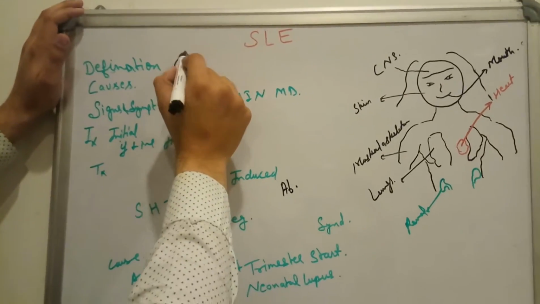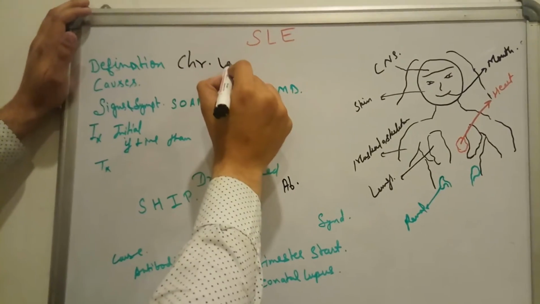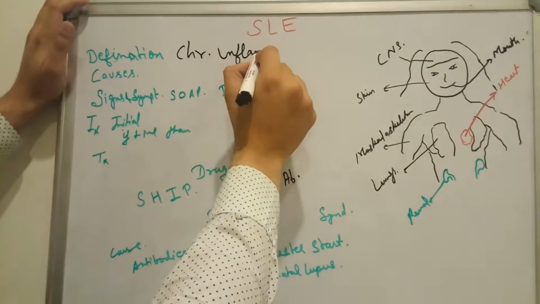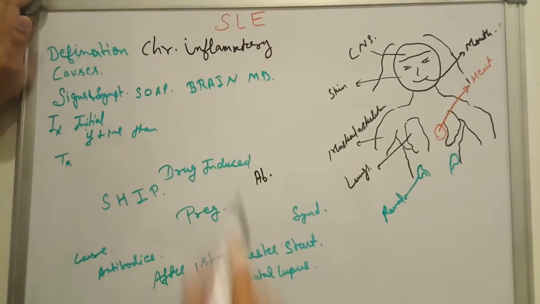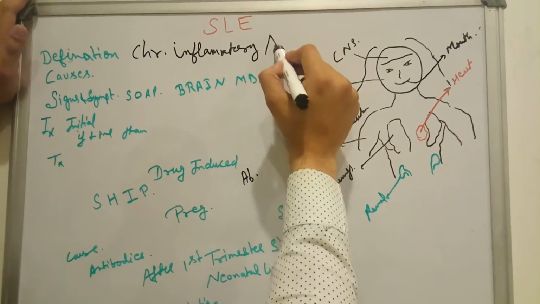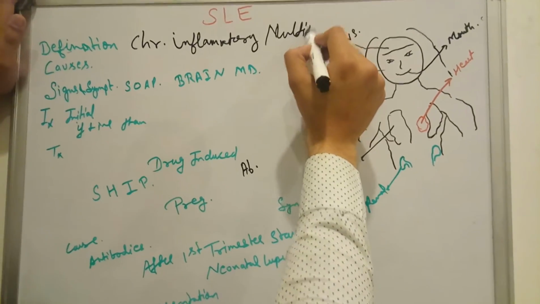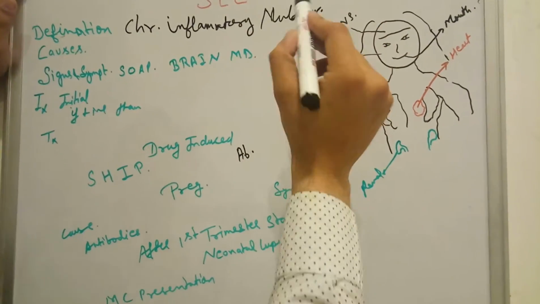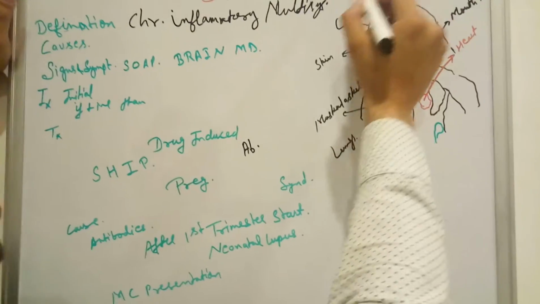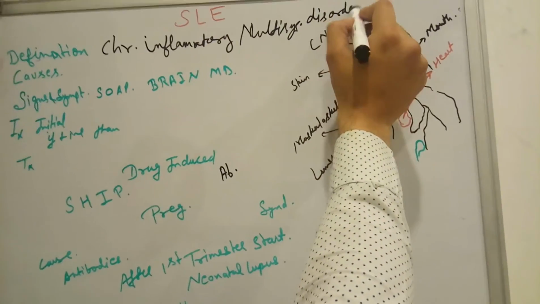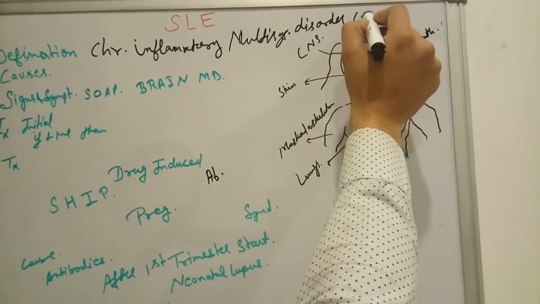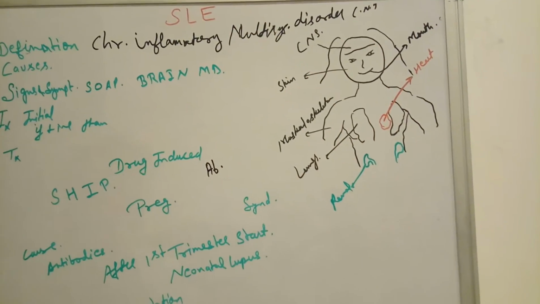It is a chronic inflammatory systemic disorder or disease of connective tissues, CNT, connective tissues.